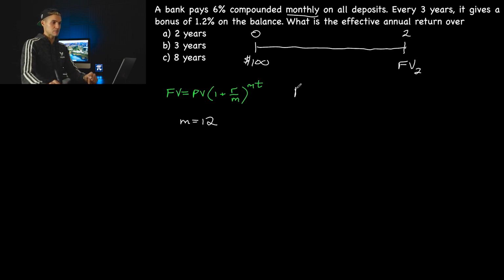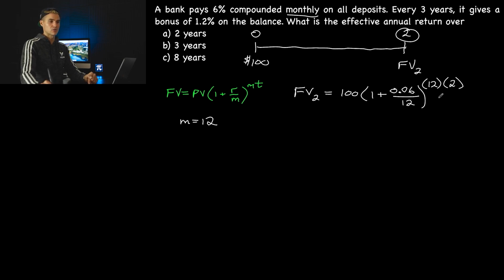So the future value in 2 years is going to be the $100 that we're depositing today, times 1 plus 0.06 divided by 12, because it's compounded monthly, with that M value of 12 in the exponent, times the number of years. We're looking for the future value in 2 years, so that's the equation. And when you do this calculation, you're going to end up with $112.72.